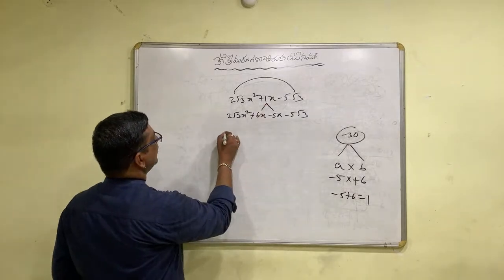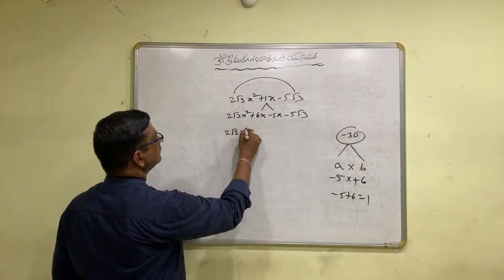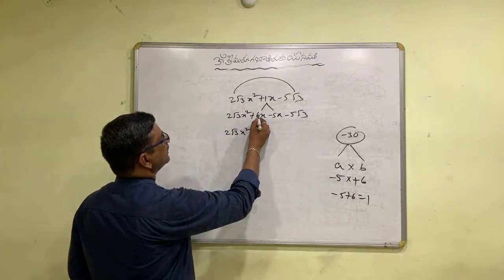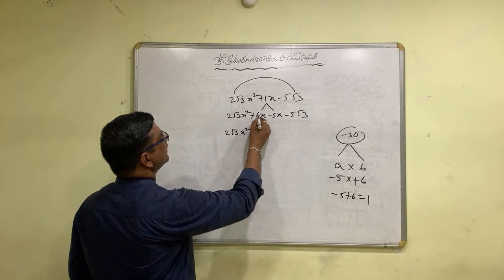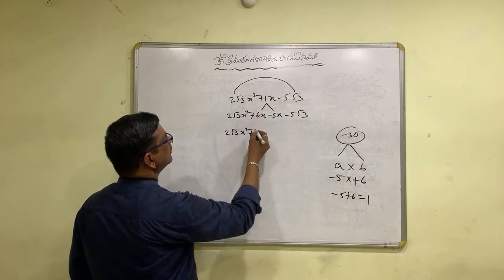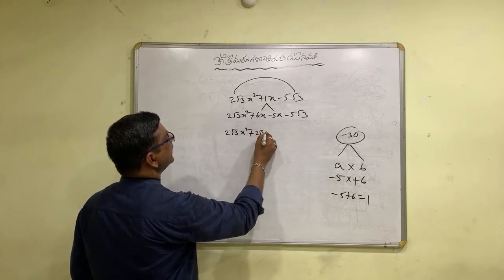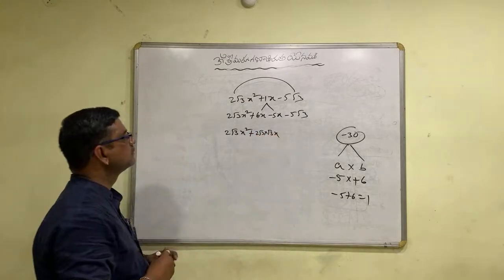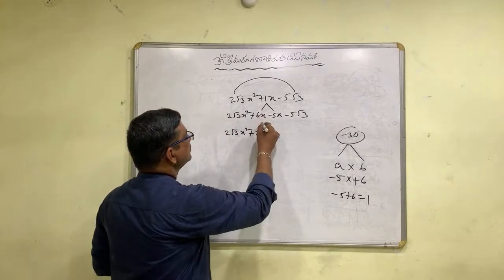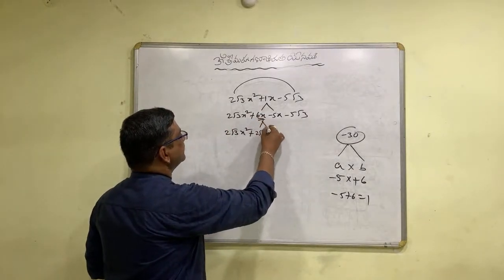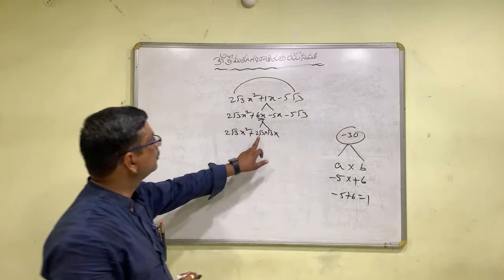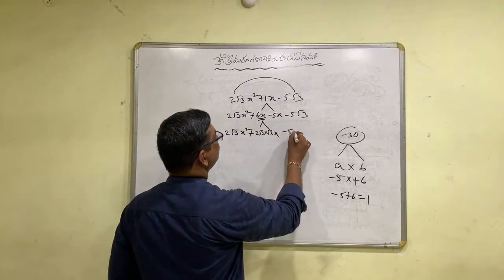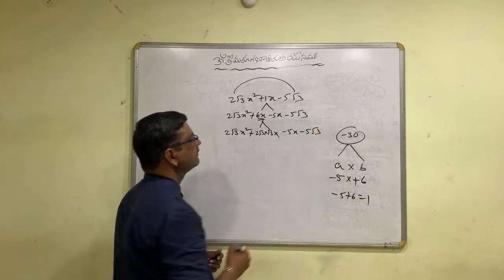Now one more step I am writing. 2 root 3 x square plus, here this 6 we can write as 2 root 3 into root 3x, minus 5x minus 5 root 3.